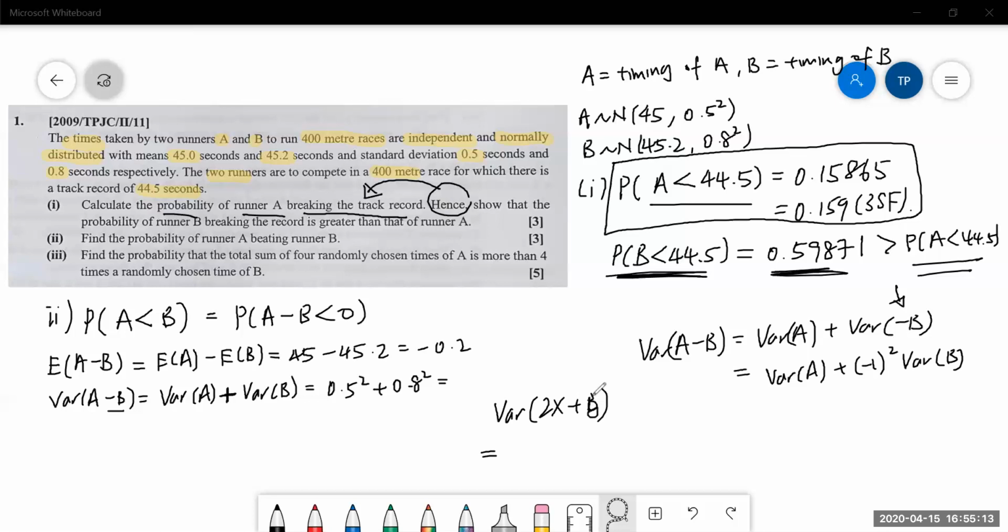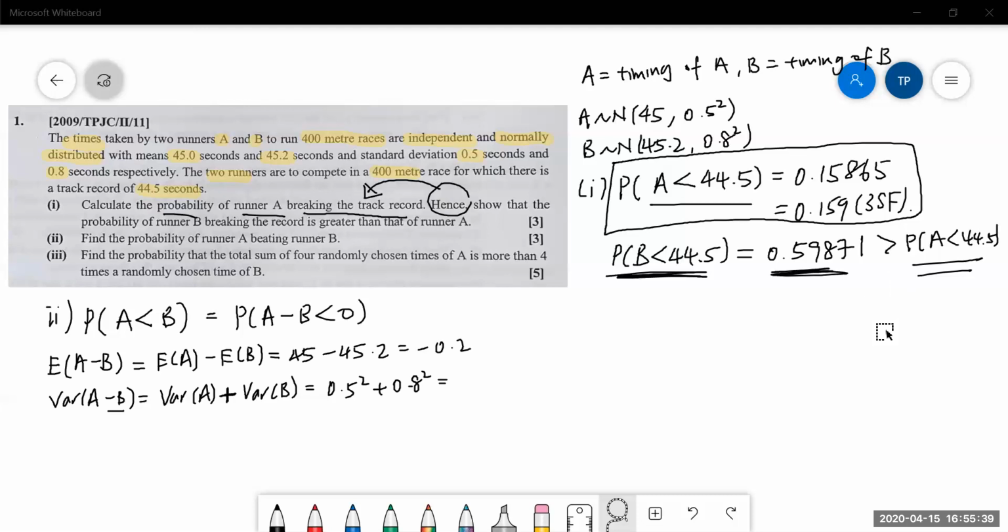Let's say this is 5. It becomes variance of 2X plus variance of 5. Remember? Then when you factorize out 2, you get 2 square variance X plus variance of 5, which is 0. Oh, okay, yeah. Remember now? Nice.